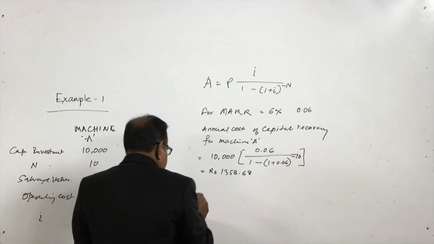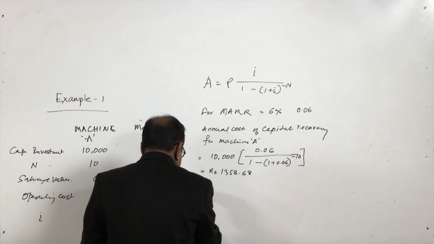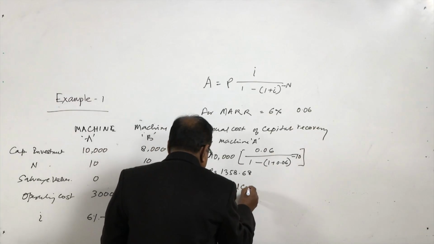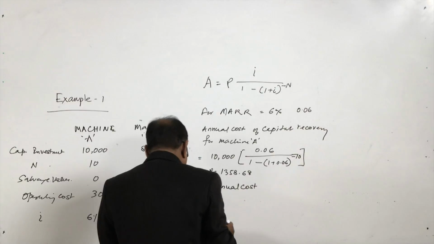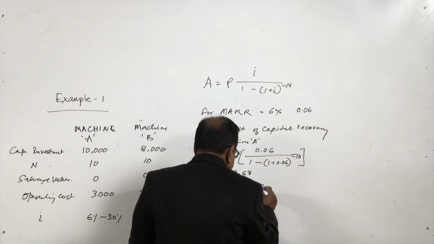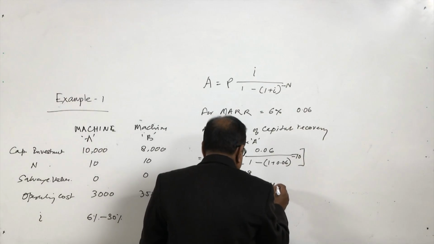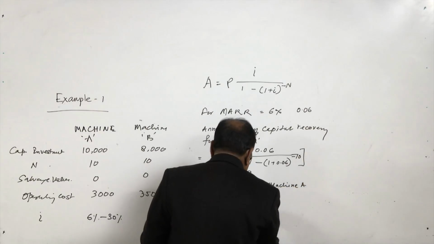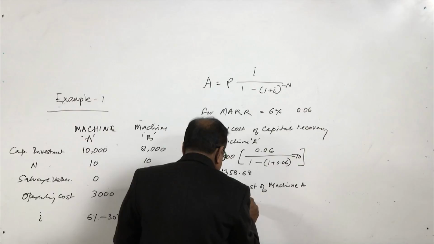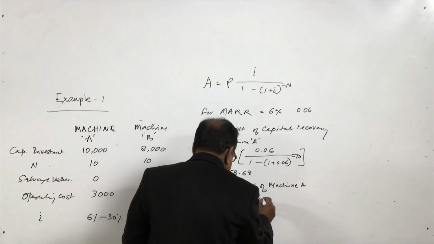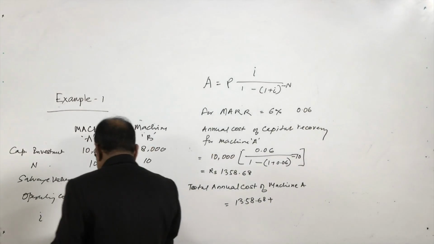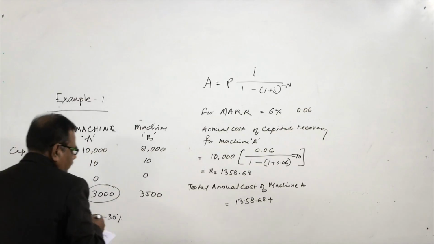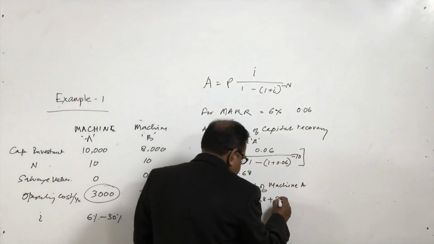So, the total annual cost of machine A is equal to 1358.68 plus the operating cost per year, 3000.